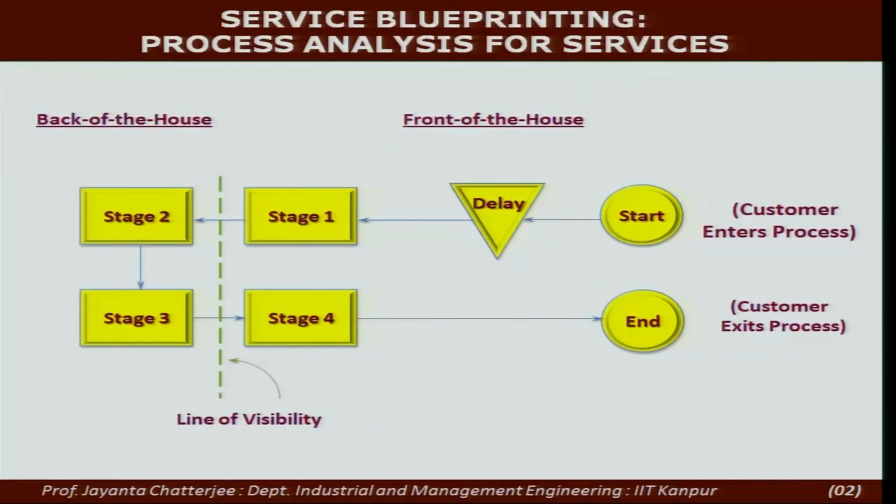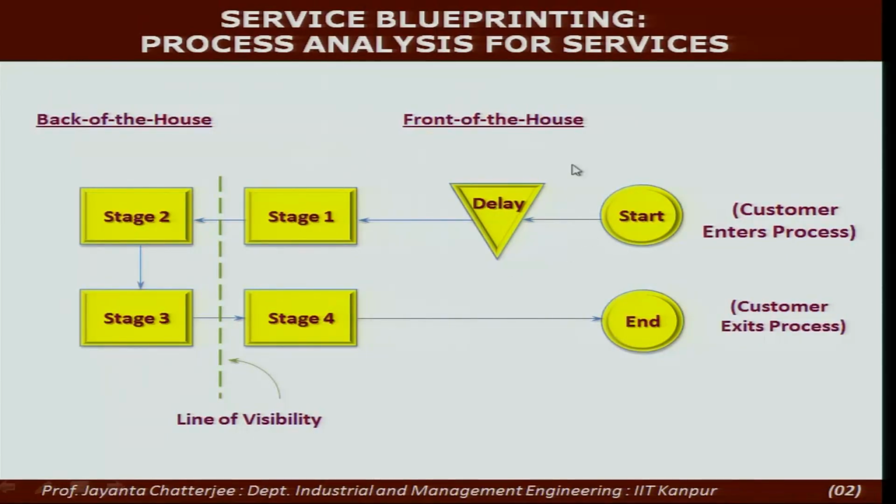We have also discussed earlier that normally when we look at this service blueprint, we divide it in two stages. The front side is called the front stage. This is the back of the house. So customer comes in, customer's entry.